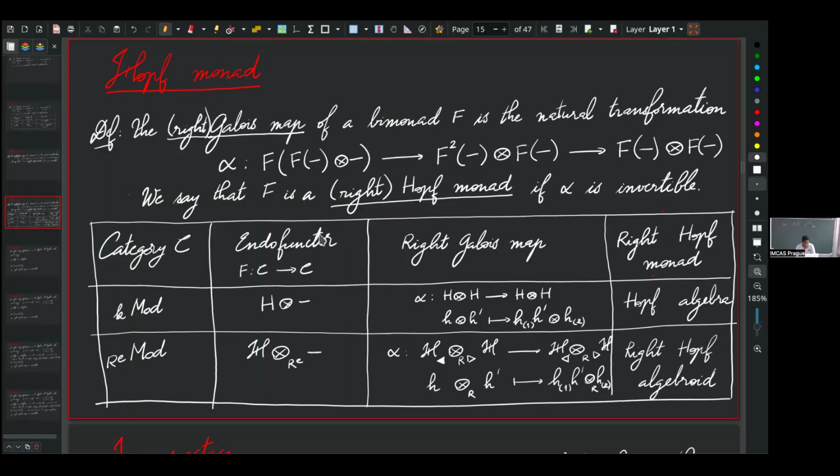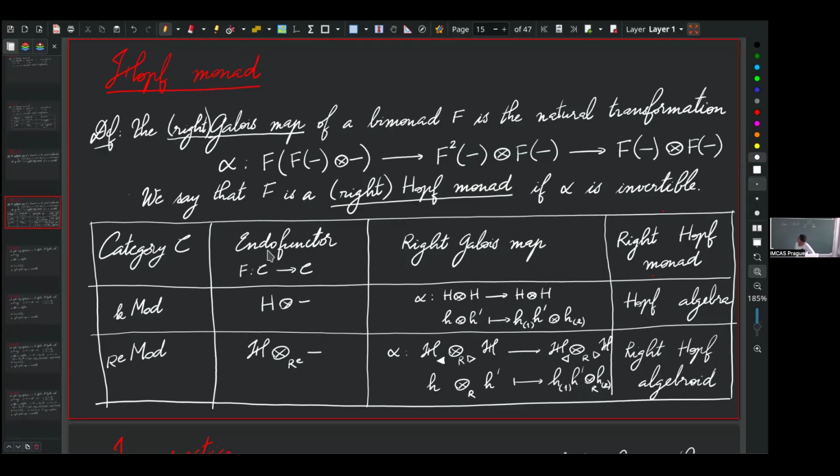What does this construction recover if I consider another category, like Yetter-Drinfeld modules, for example, for this property of the Galois map being invertible?